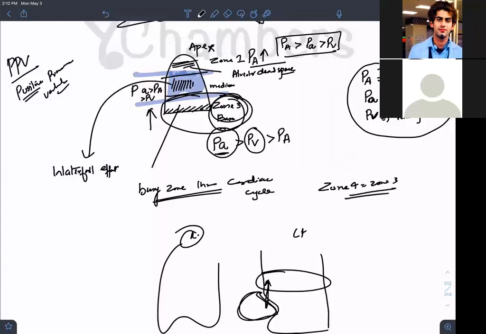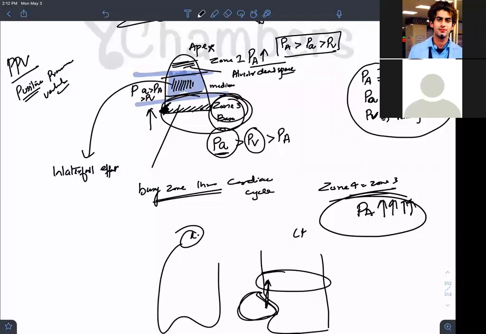In this case, you will have more arterial pressure. The arterial pressure will dominate over the venous pressure. So you have to go to the extreme base of the lungs, and there the vessels will behave like zone 3. That's why I told you zone 3 is equal to zone 4, but remember, it will be at the extreme base.